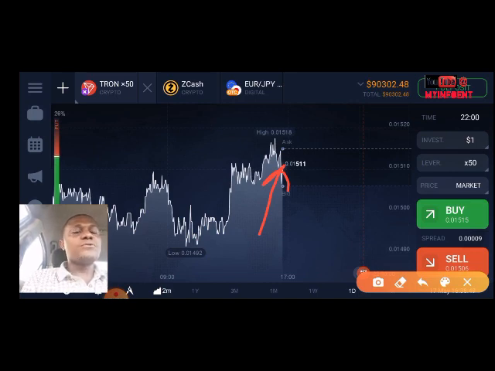If it moves in the direction you speculated, any slight change will amount to a huge profit compared to someone using the same $1 investment with a leverage of 50. But if the trend moves against you, you can also incur a huge loss within a little price movement.